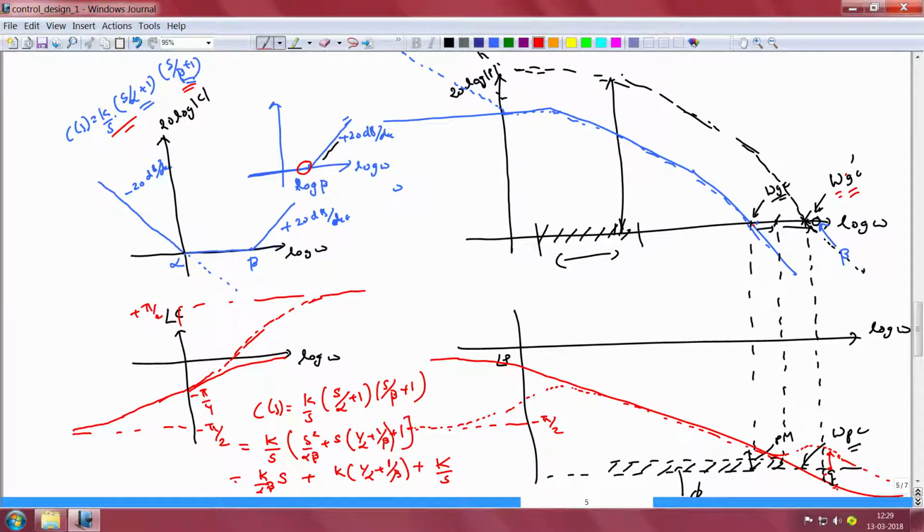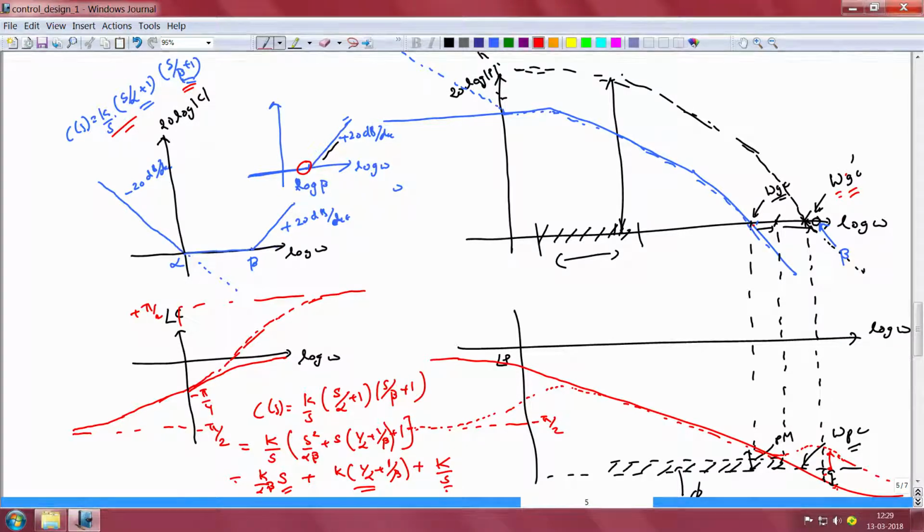We notice that we have a term here that has s in it. So, it is a derivative term with a certain constant multiplying that term, that is added to a term that is a constant k times (1 by alpha plus 1 by beta), and this in turn is added to a term that has an integrator in it.